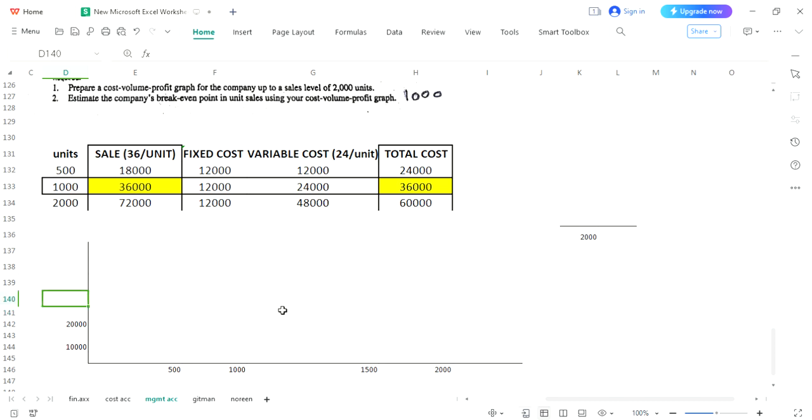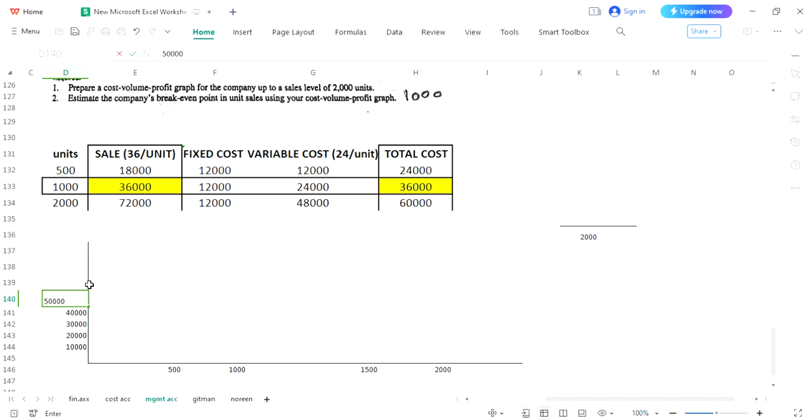Next 30,000. I need to have maximum 72,000. So 10, 20, 30, 40. Now we should be having space over here. So 20,000 next line, then 30,000, then 40,000, 50,000.